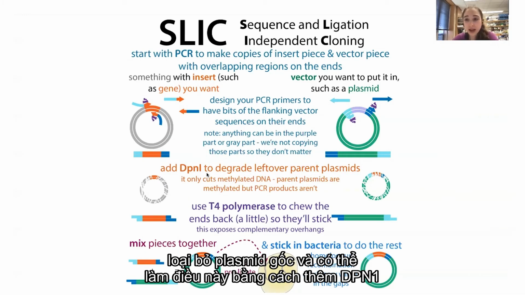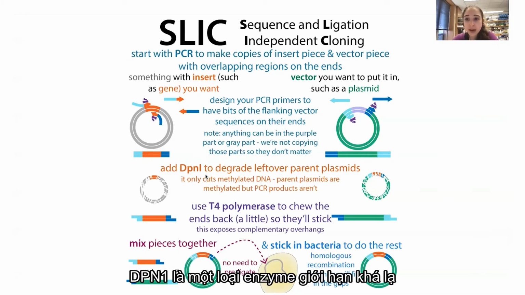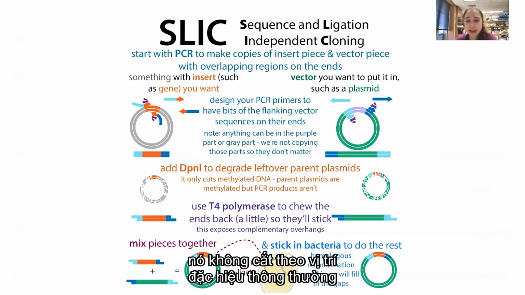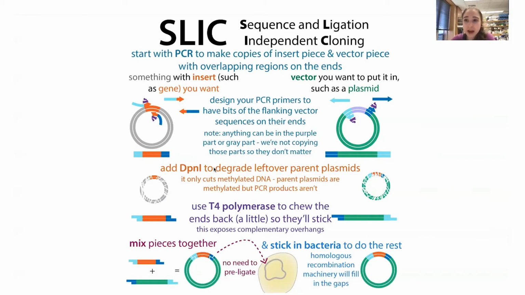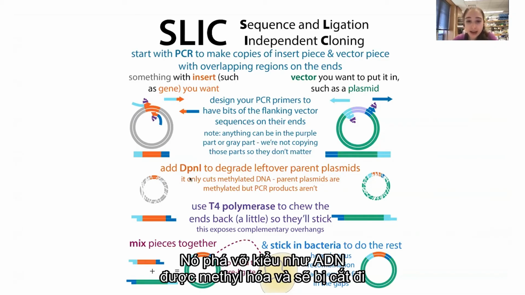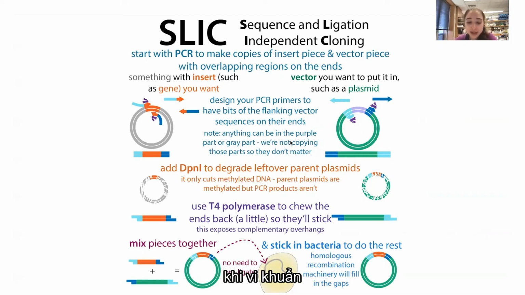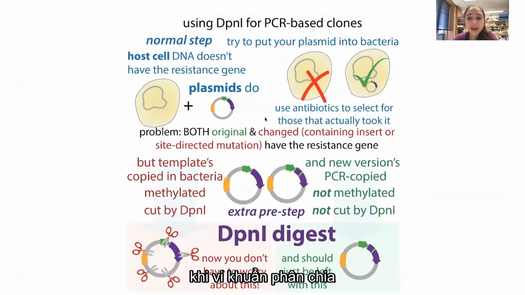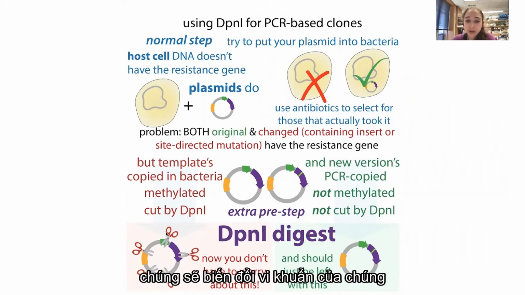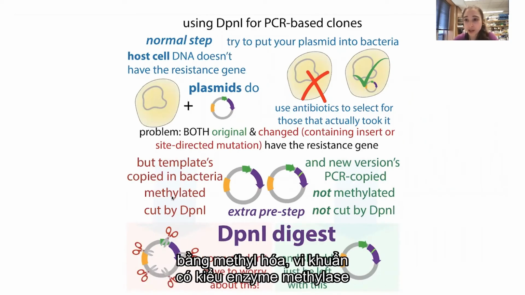And we can do this by adding DpnI. So DpnI is a weird restriction enzyme. Instead of being site specific, it recognizes methylated DNA and it's going to chew it up. What happens is, when bacteria replicate, they modify their DNA with methylation.